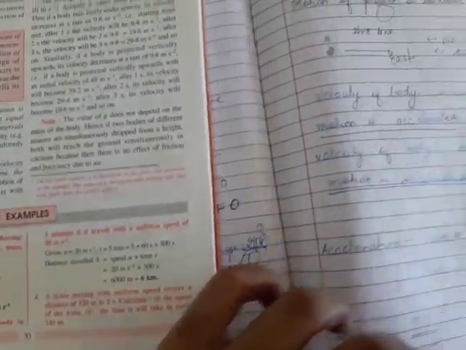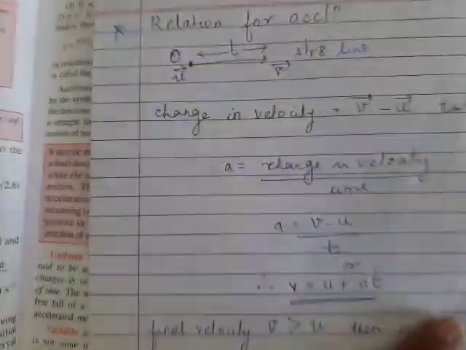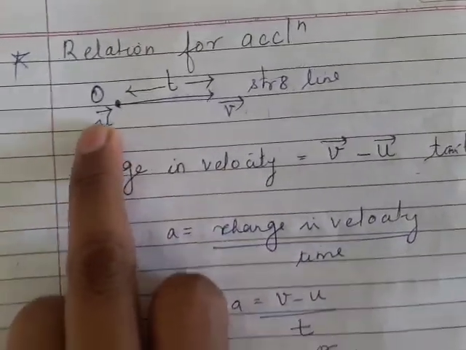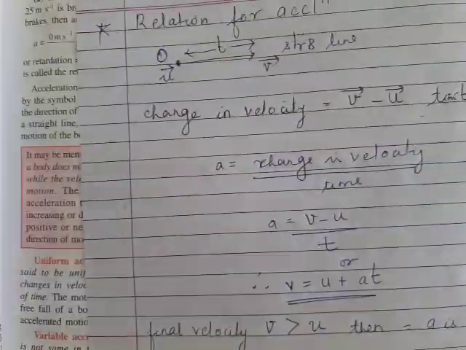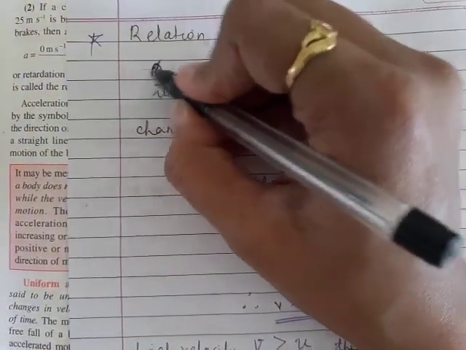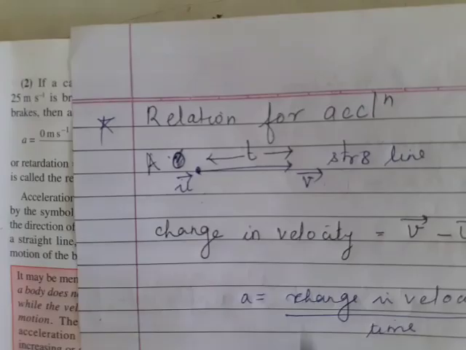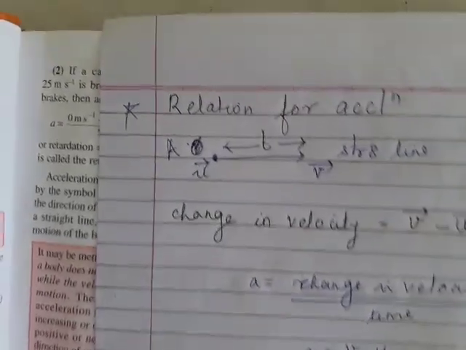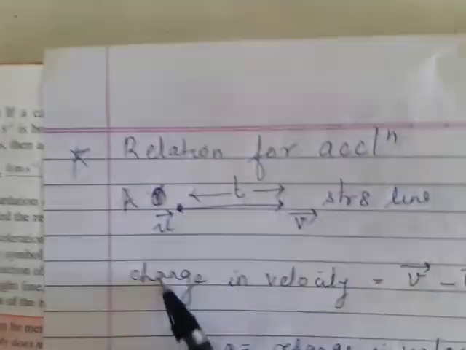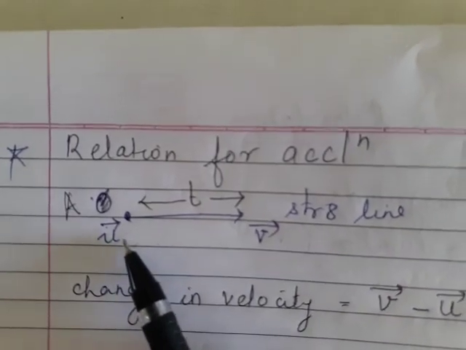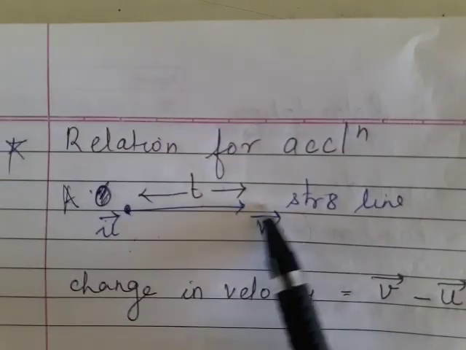Now there is a relation for acceleration. Let us consider a body A moving in a straight line. The body has initial velocity u and final velocity v.